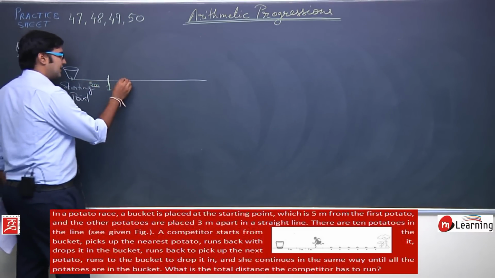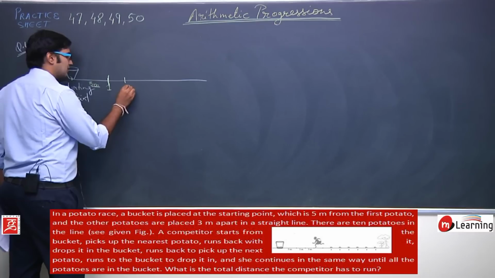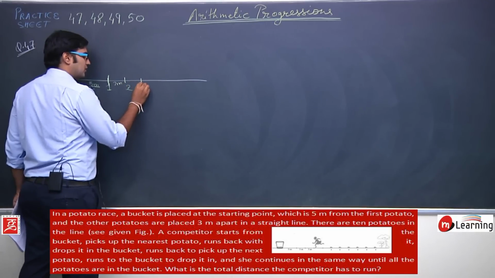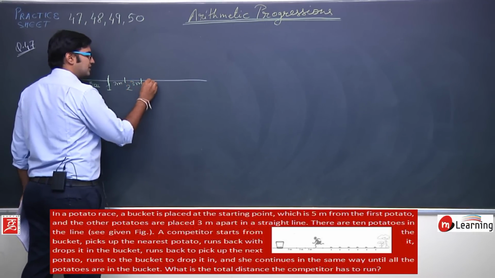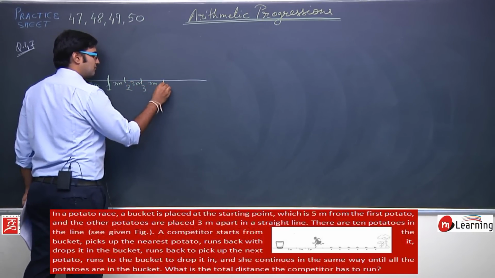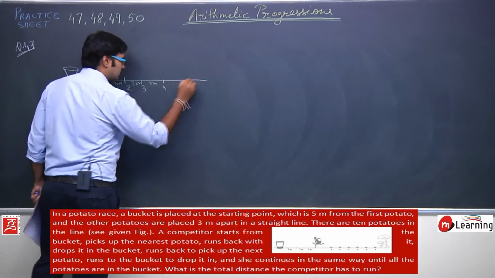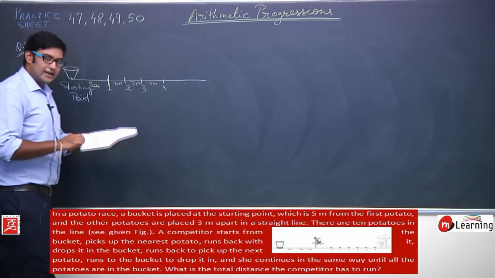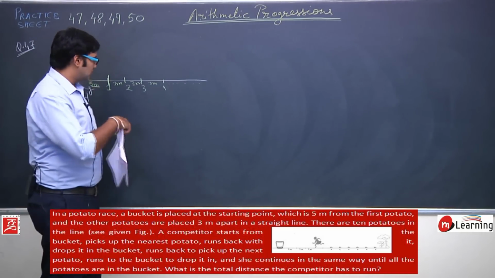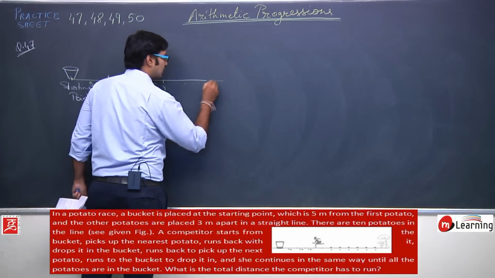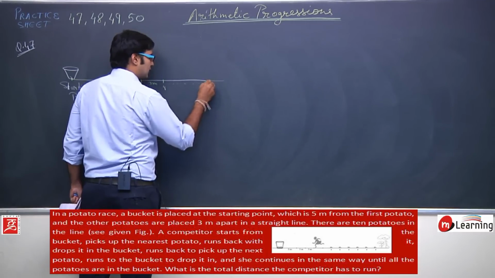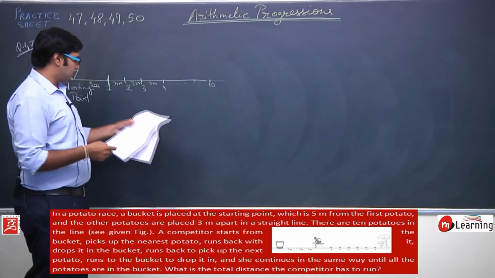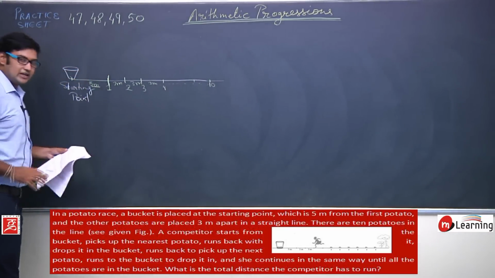The next potato is kept at 3 meters away from the first potato. Then all the other potatoes are kept 3 meters away from the previous potato, and so on. This will continue, and in total there are 10 potatoes, till the 10th potato, which is again 3 meters away from the 9th potato. Okay, so this is the given condition.